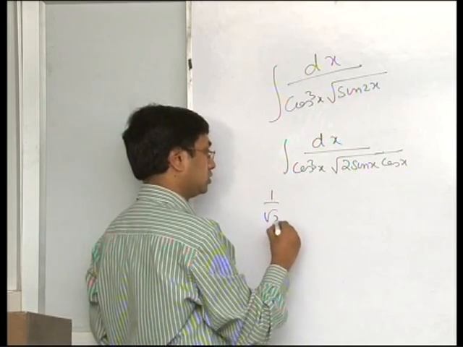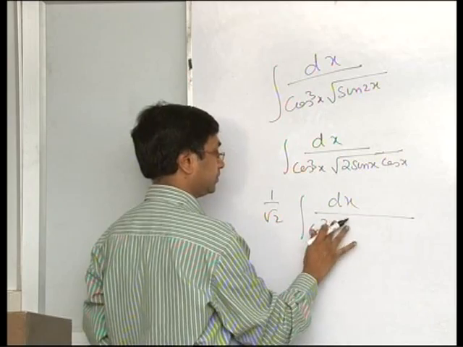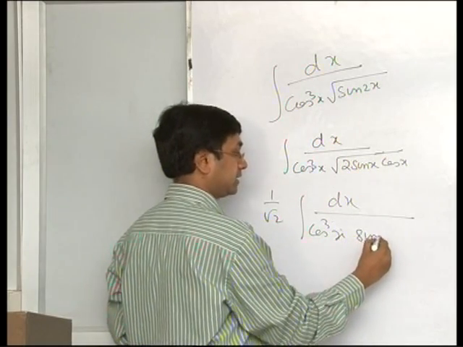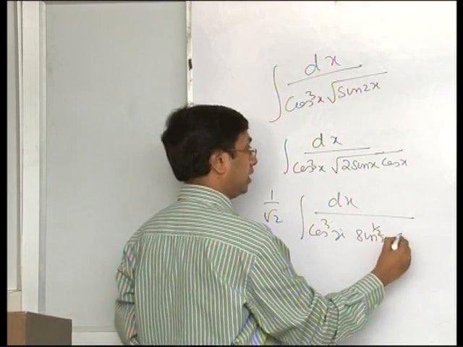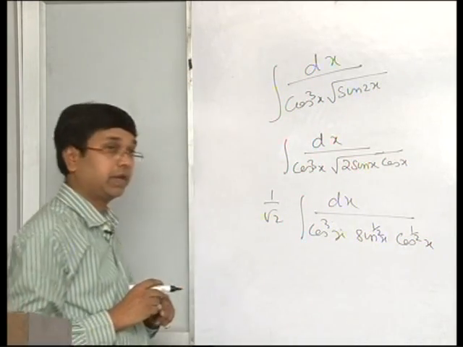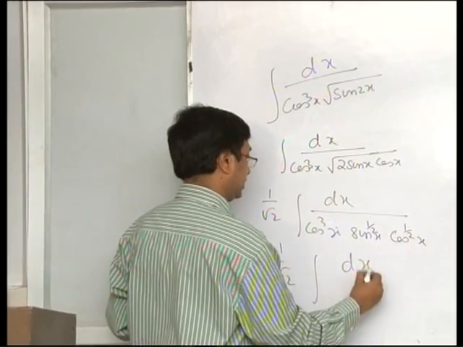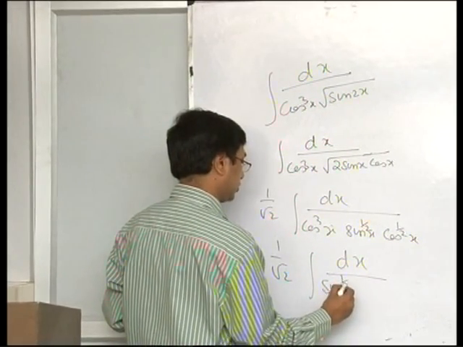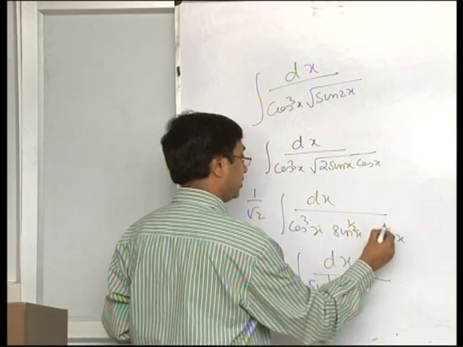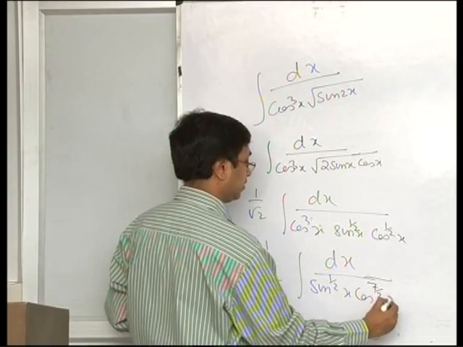So 1 by root 2 goes out, dx, you have cos cube x. What do you have? sin x to the power half, cos to the power half, right? Root. So now if you simplify it, you would get sin raised to power half x, and cos raised to power 3 plus half, that is 7 by 2 x.